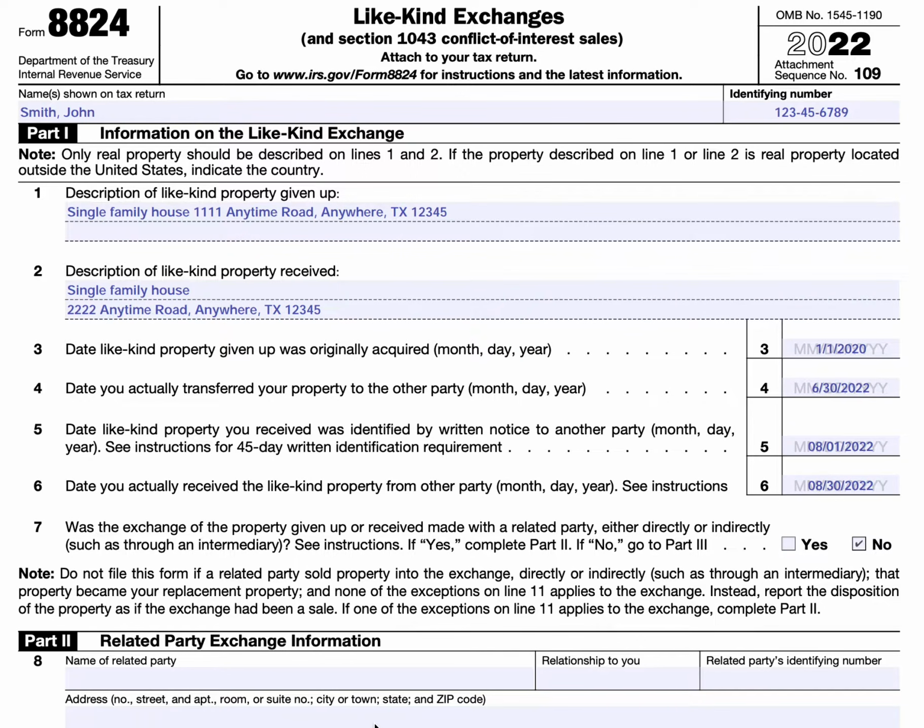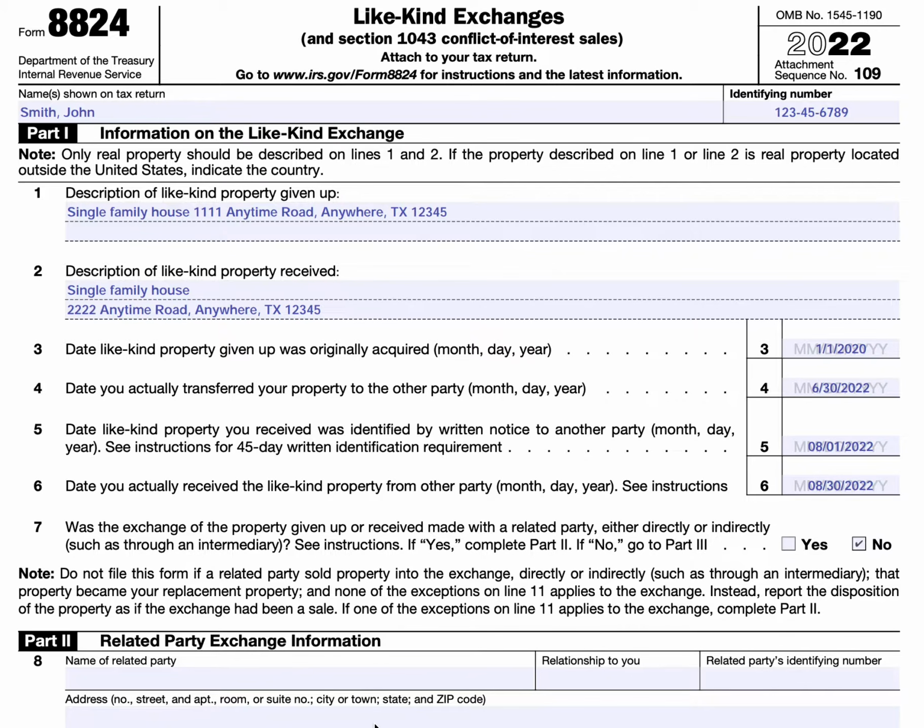A Section 1031 exchange is a part of the Internal Revenue Code that allows taxpayers to defer the capital gain on the sale of real estate if, as a part of that sale, the proceeds are used to reinvest in a similar type of property.